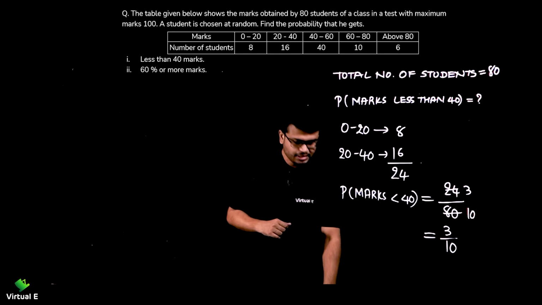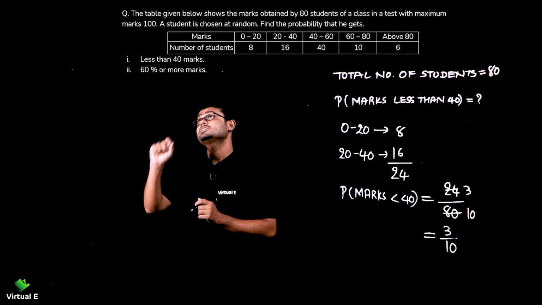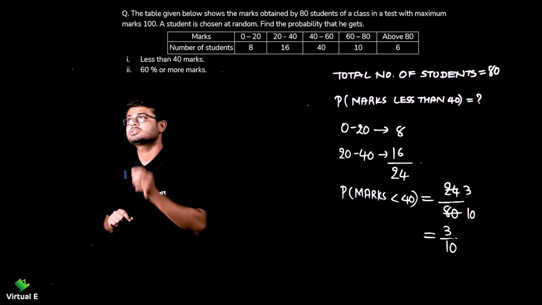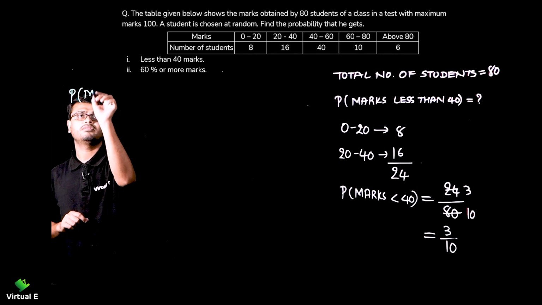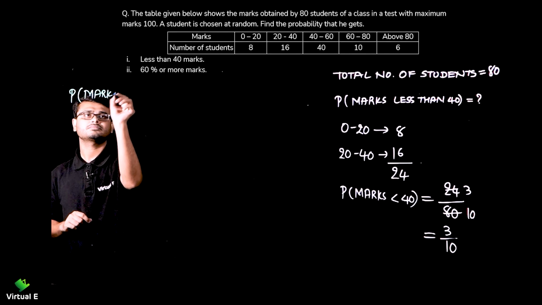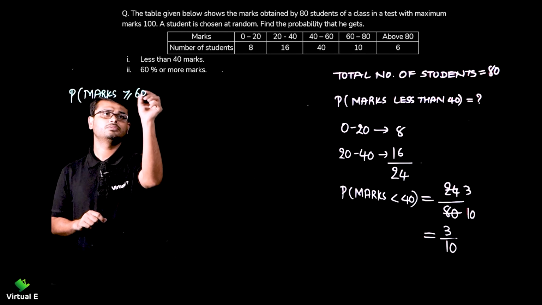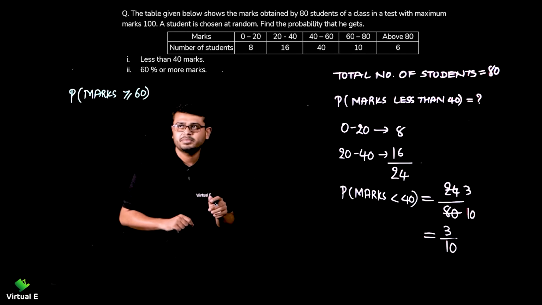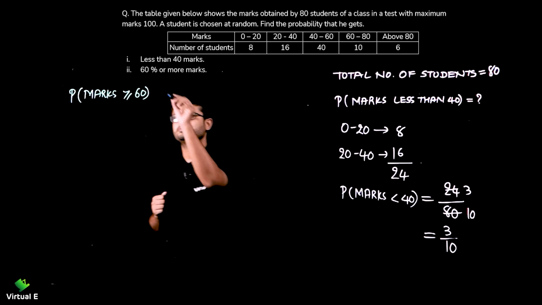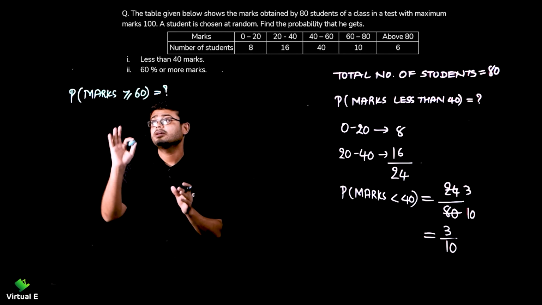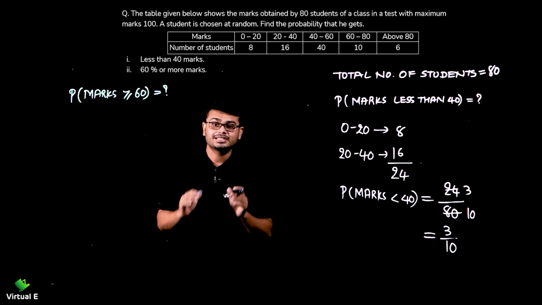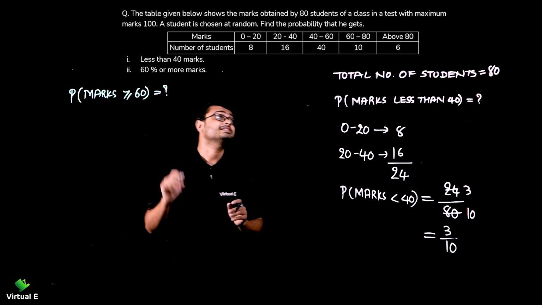Now let's discuss another question. This is 60 or more marks. So we need to take the probability of marks greater than or equal to 60. 60 is also accepted and more than 60 also we want to find. First of all, let's find the number of students who are getting marks more than 60, right?